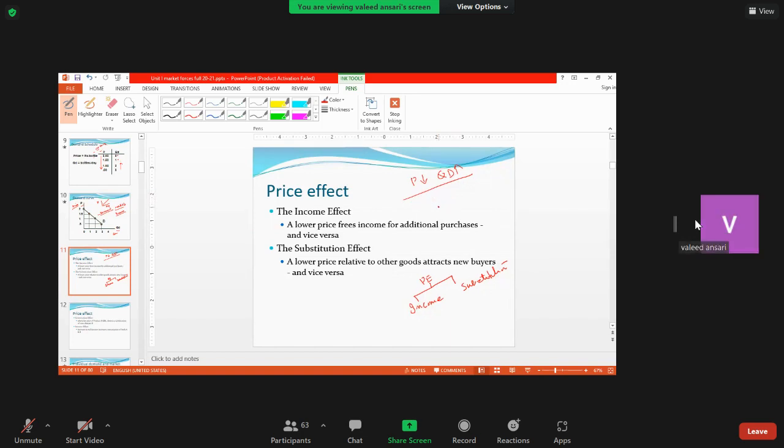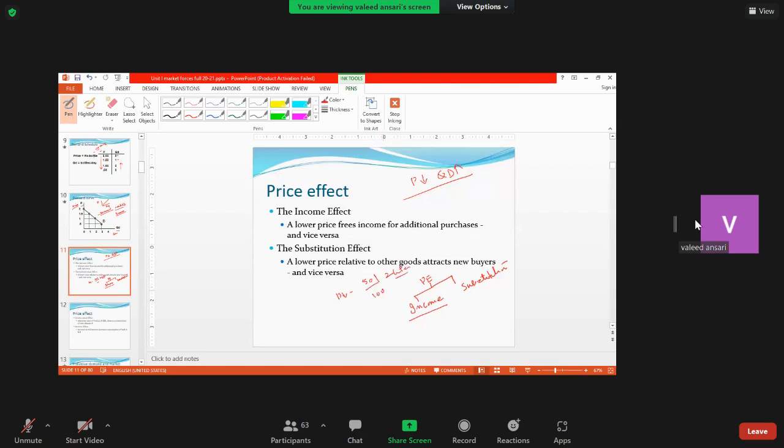So why does this happen? There are two effects. The first effect is the income effect. Now, when the price of anything falls, let us take a very simple example. Let us say the price of milk is 50 rupees per liter. For simplicity, assume that a family was purchasing, let us say, 2 liters.